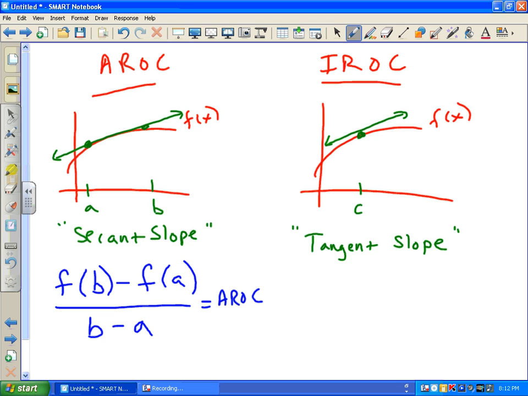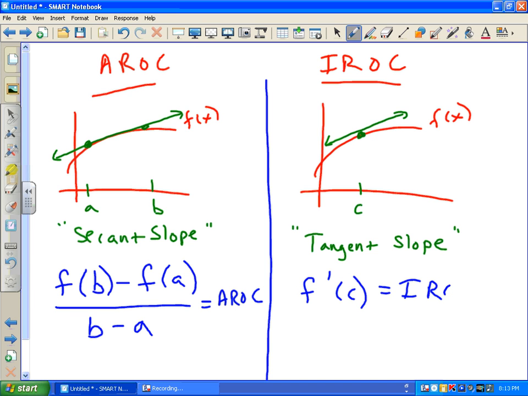When we talk about instantaneous rate of change, we're talking about our good old-fashioned derivative at a point, or f prime evaluated at c for IROC. IROC could also be written as the limit as the denominator approaches 0 of any AROC function.